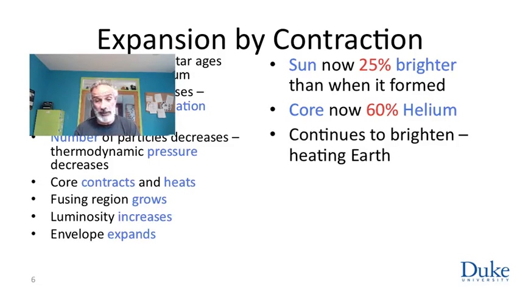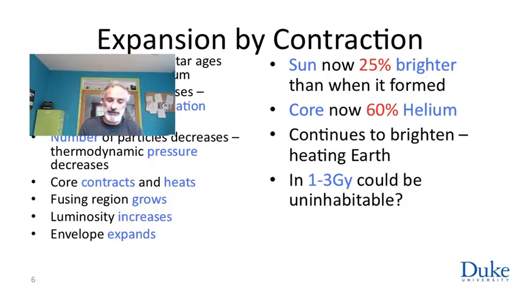It's going to continue to brighten over the next 5 billion years, making Earth warmer and warmer, and you can ask, global warming, carbon dioxide, will the sun do us in? And yes, the sun will probably make Earth uninhabitable in, depending on your estimates, somewhere between 1 and 3 billion years.